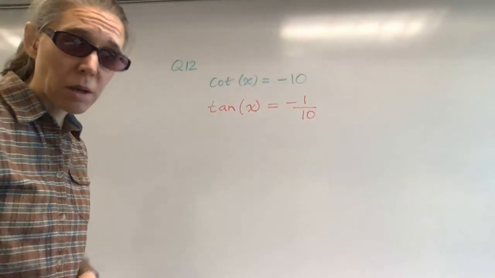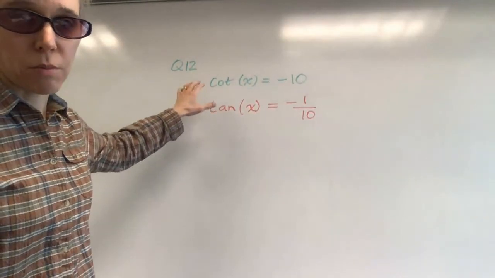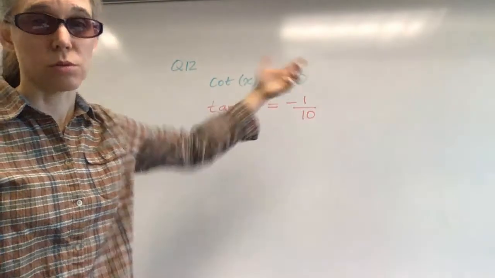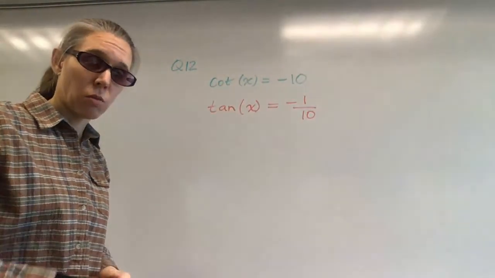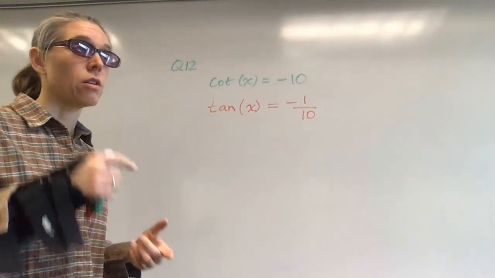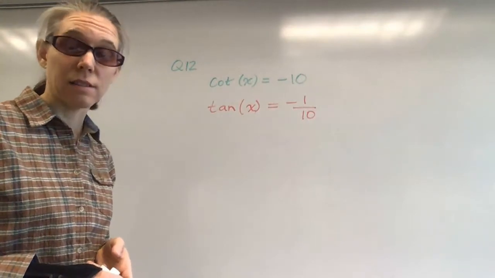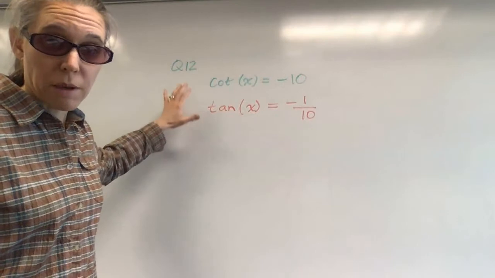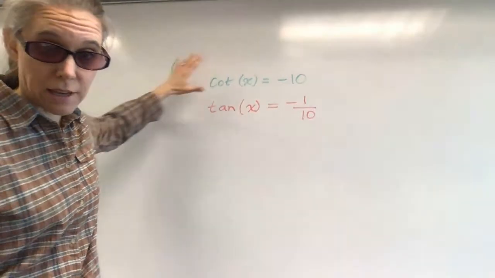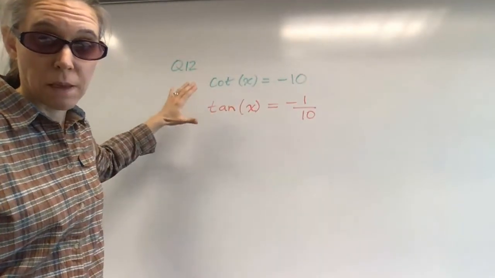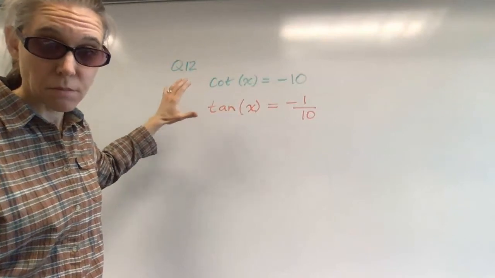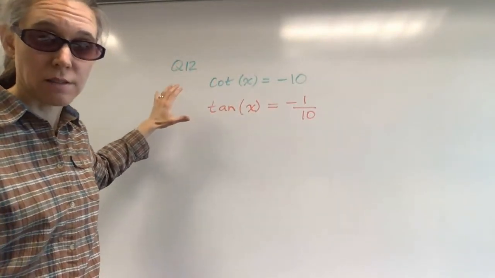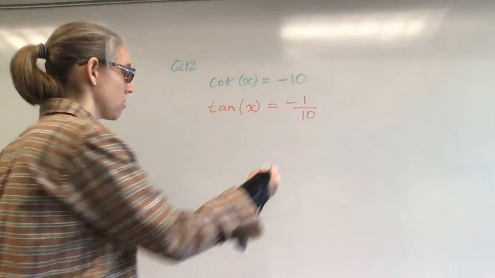The only time you wouldn't be able to do that is if you end up with cotangent equal to 0, in which case you would want to do cosine over sine equal to 0, and thus cosine is equal to 0. But in any non-zero case, you can flip cotangent over and turn it into tangent.